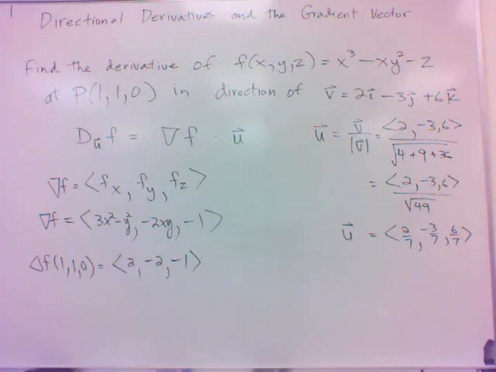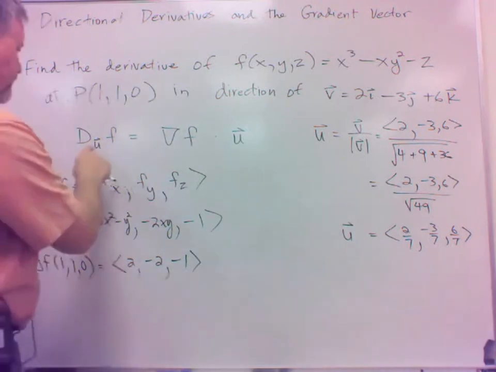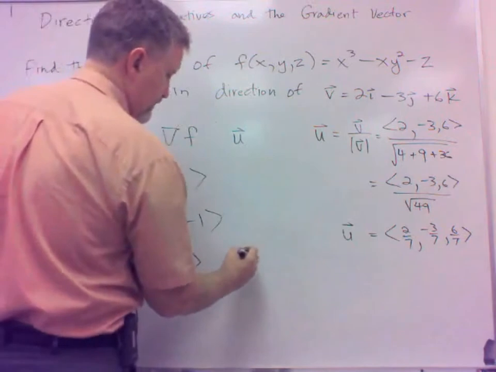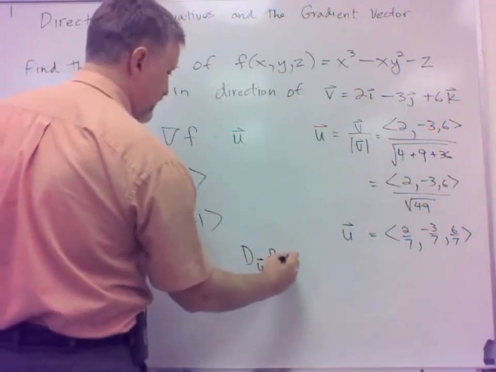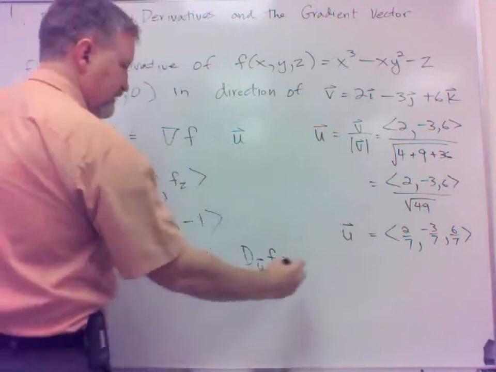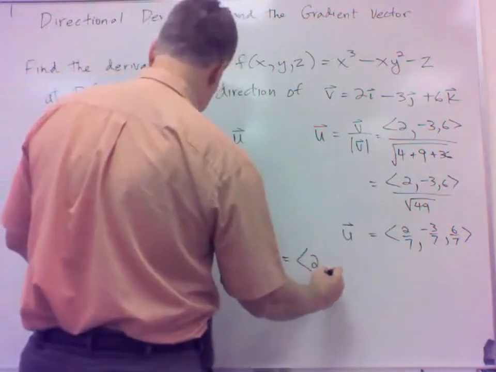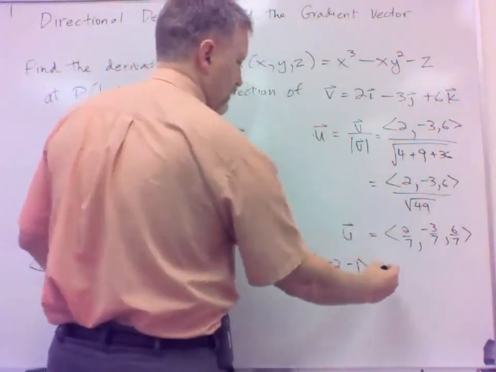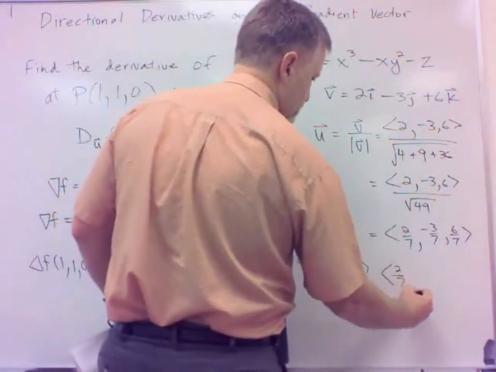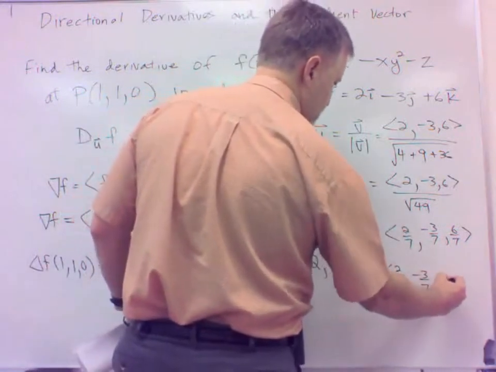And so the derivative in the direction of u of f would be the dot product of those two. So I take (2, negative 2, negative 1) and dot that with u, which is (2/7, negative 3/7, 6/7).